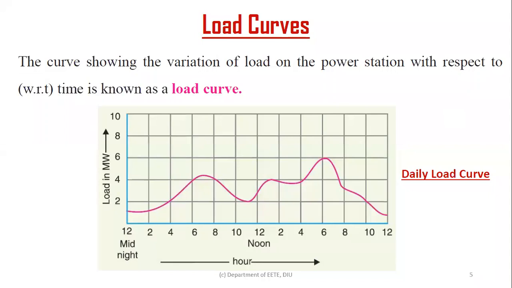So for making the monthly load curve, we take all 30 data of each point, sum them, and divide by 30. So we get the average of all 48 points, every half hour. After that, we plot those average points on the graph, and we finally get the monthly load curve.